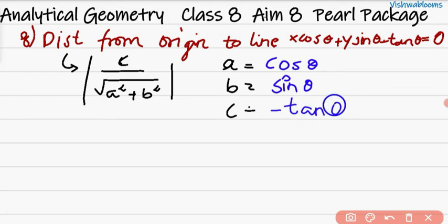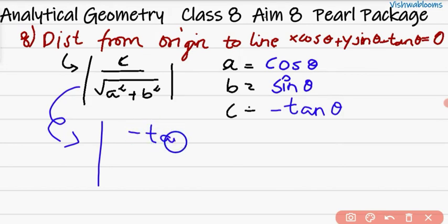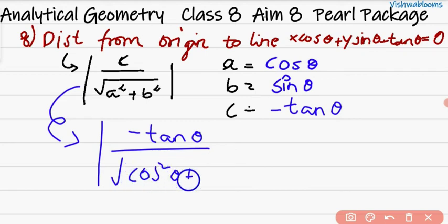Now what to do? Just put these values in this formula. So c is minus tan theta, divided by what is a square? It is cos square theta plus b square, which is sine square theta, right?